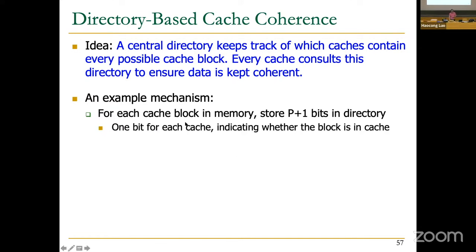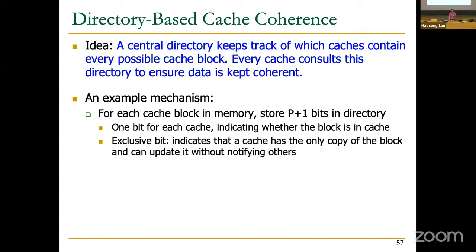You have 1 bit for each cache, indicating whether the block is in that local cache or local processor. In this case, processor and cache can be used interchangeably because we're assuming a processor has a private cache. And we also have another bit, the exclusive bit, saying that a cache whose bit is set has the only copy of the block and can update it without notifying others. So there could be optimizations that you can do.